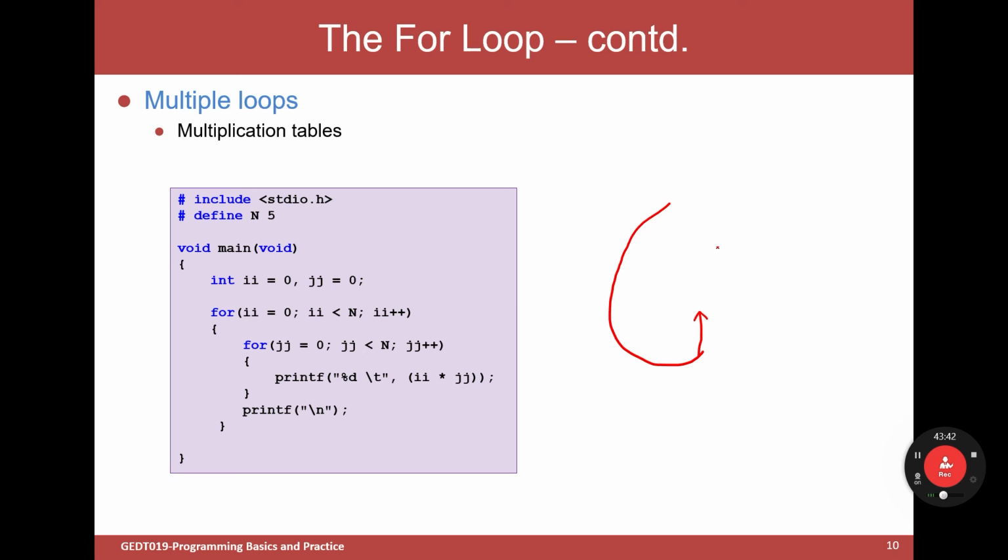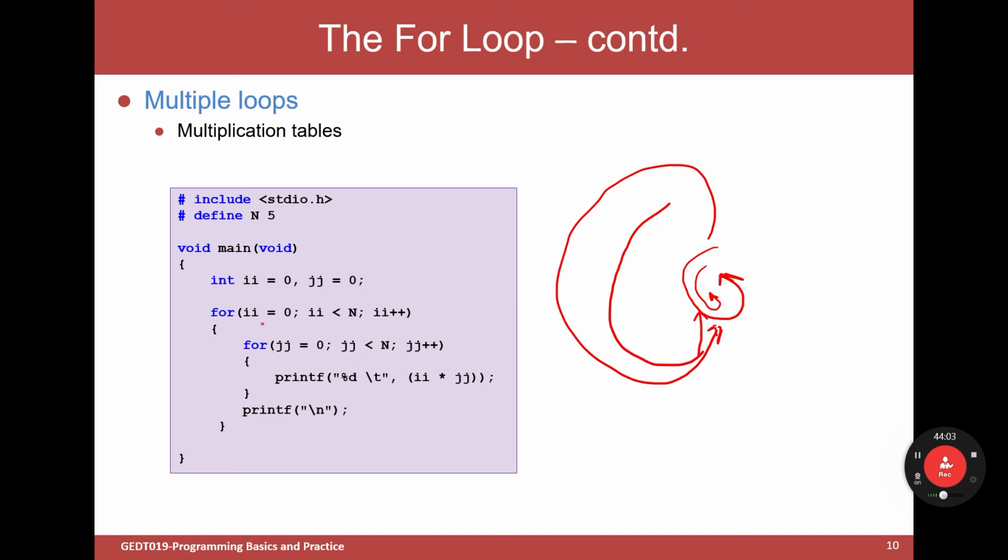So this inner loop will be done, and then after this is done, you will go to the outer loop and do the inner loop again one more time. And then again from outside do another loop, and so on. So this is loop inside loop.